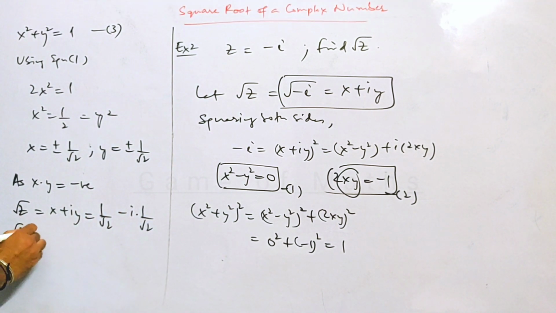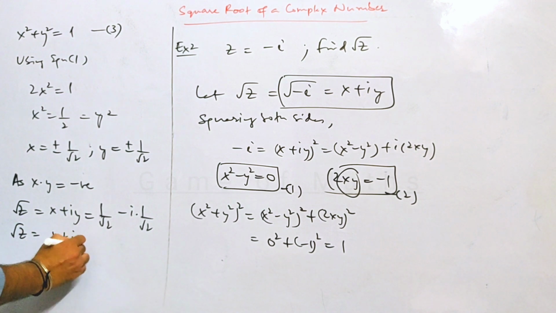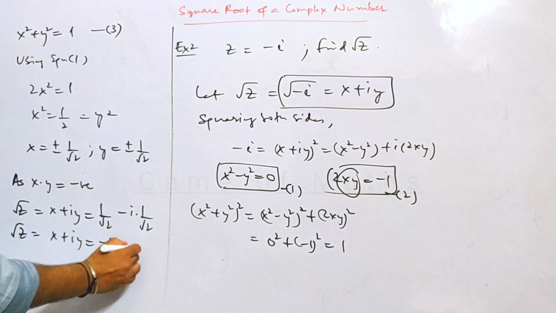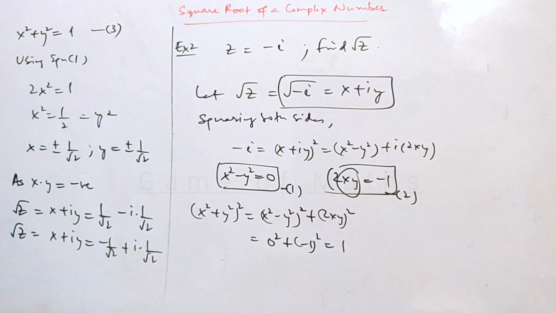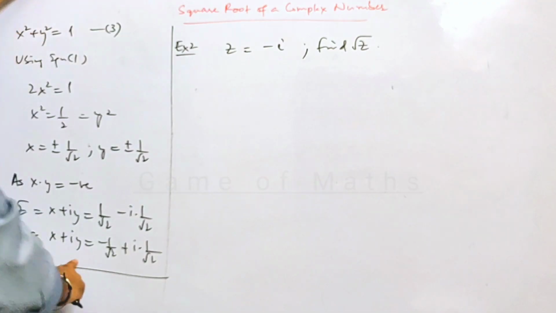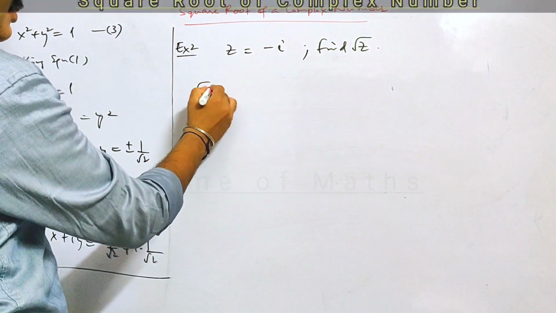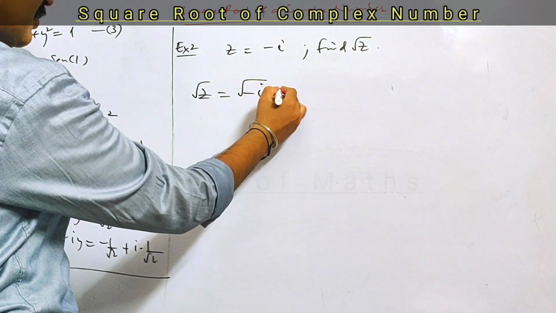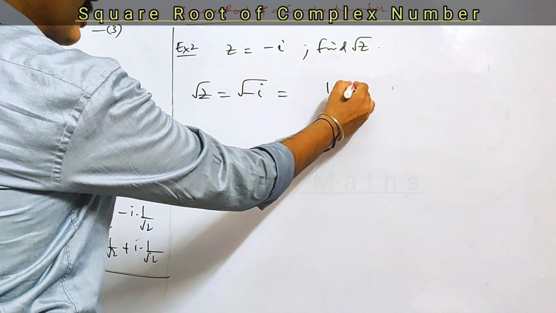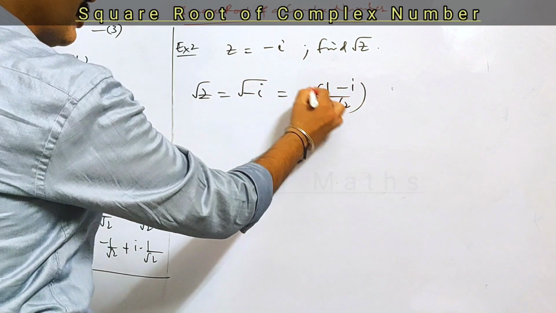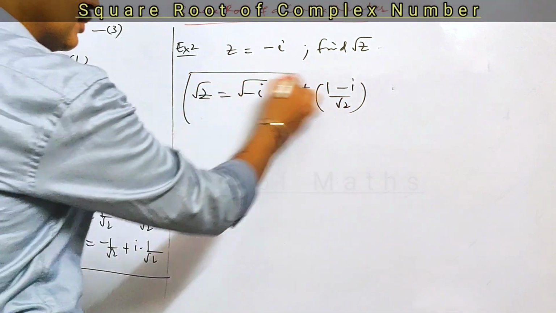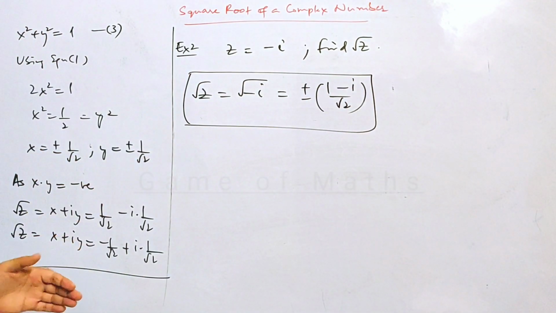Second possibility, I'll take x as negative and then I'll have to take y as a positive number. So you can combine these two and write the final answer, the square root of z, which is the square root of minus iota, as 1 minus iota divided by root 2, and put a plus minus sign to consider both the possibilities.